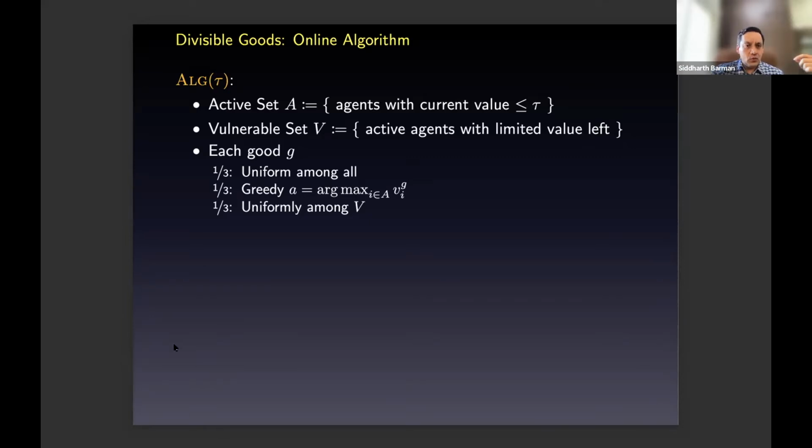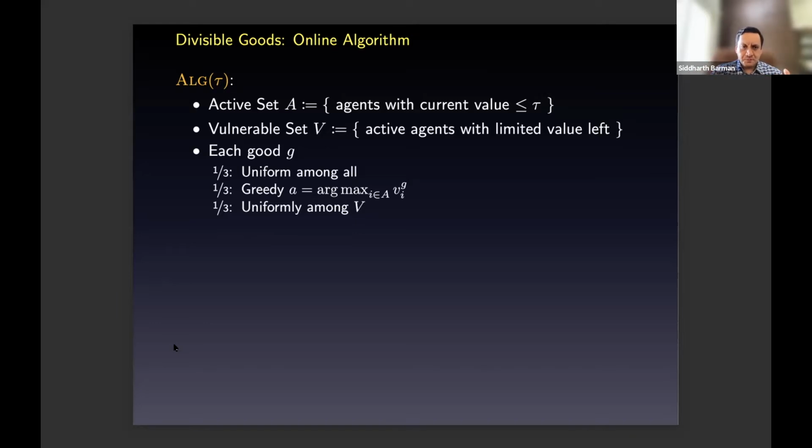In the analysis, it won't make an important dent, at least in this presentation. But when you read the paper, you'll realize that this is a good thing to do as a backup, so at least you ensure that every agent gets some bare minimum value. So this is what you do. Let's say you get 30 kgs of rice, 1/3 of it is 10 kgs. You just divide that 10 kgs uniformly among all the n agents. Fine. So that's gone. Then you look at another 1/3 of the good.